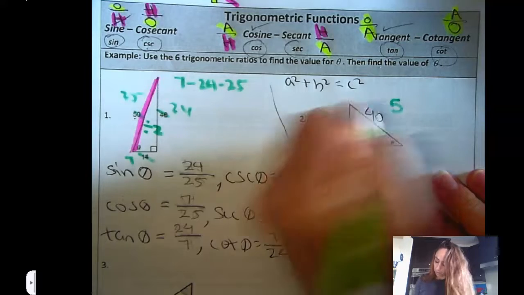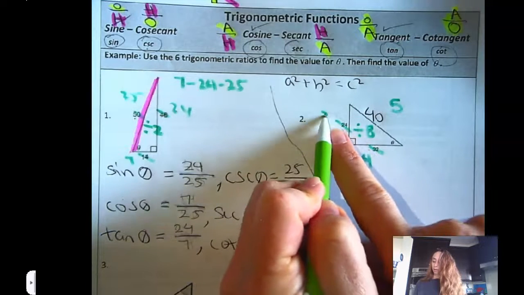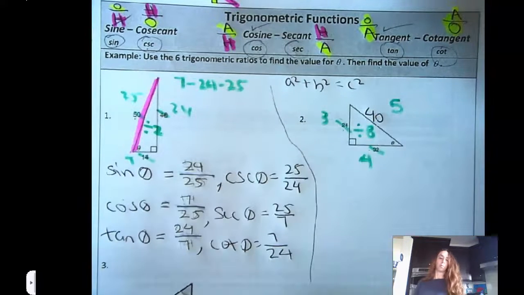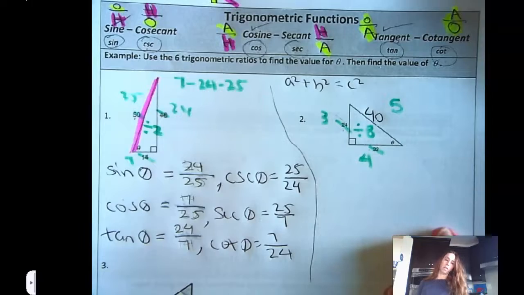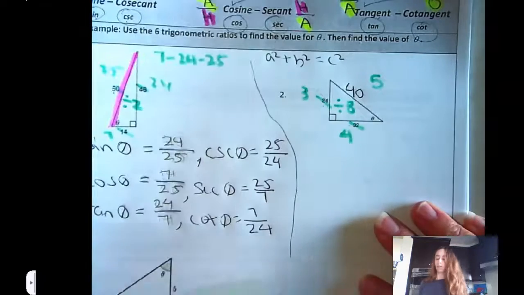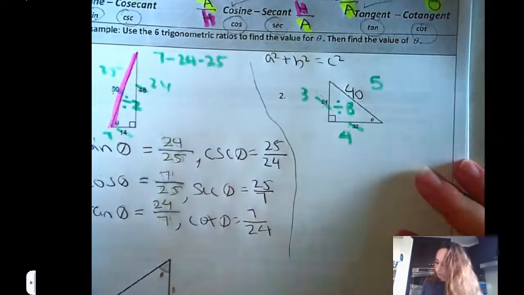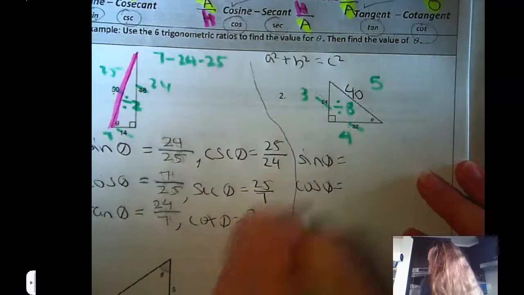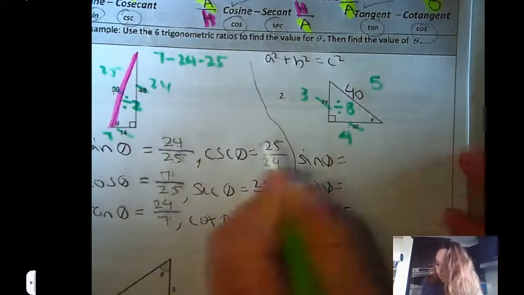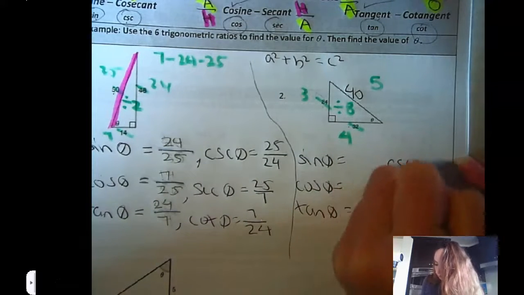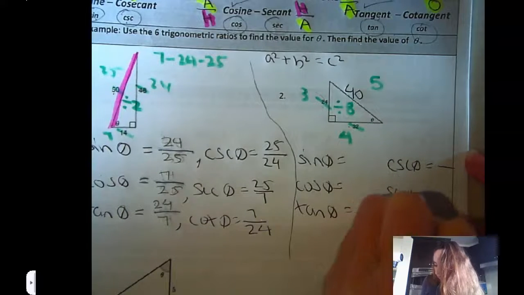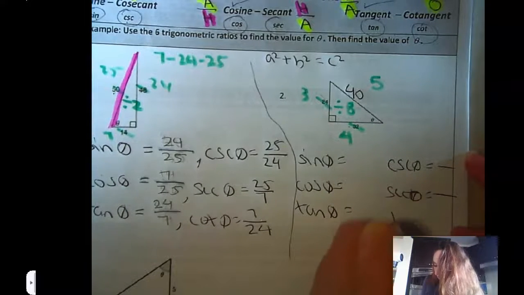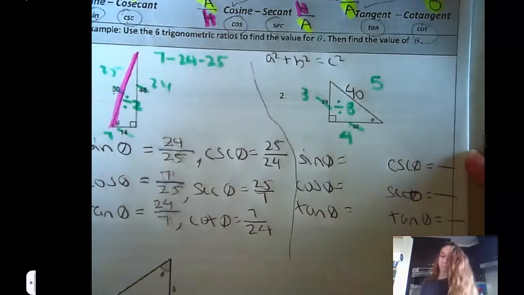40. Because if we went from here to here and we divided, then we go from here to here and multiply. I need you to put that third side in there so that I know that you know that the length isn't actually 5. And then now I do sine of theta, cosine of theta, tan of theta, cosecant of theta, secant of theta, cotan of theta.